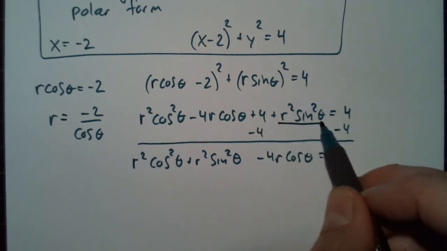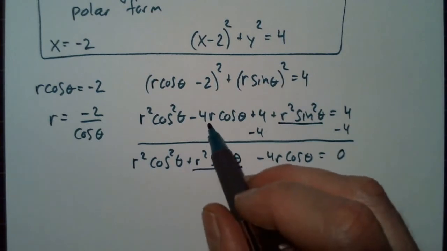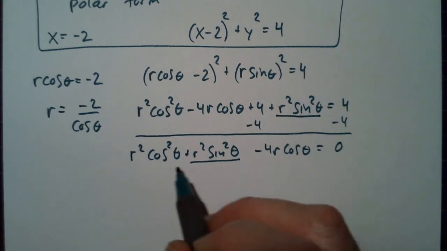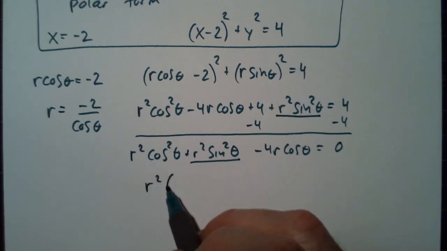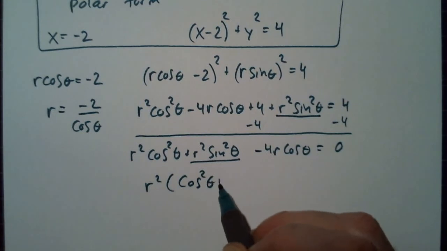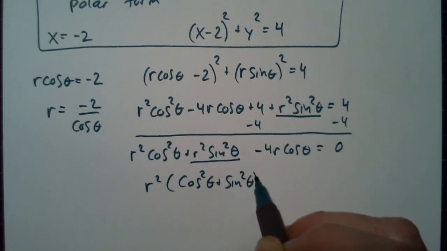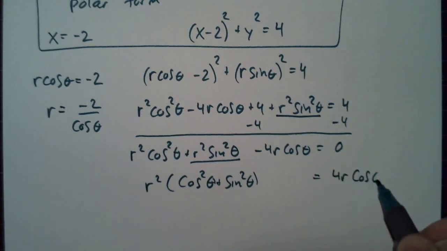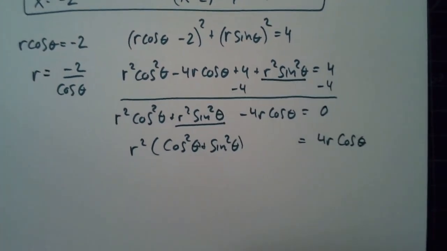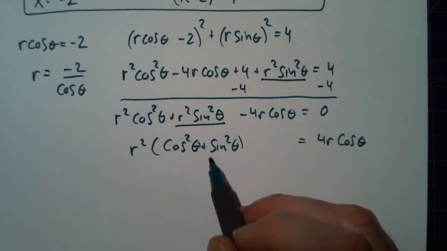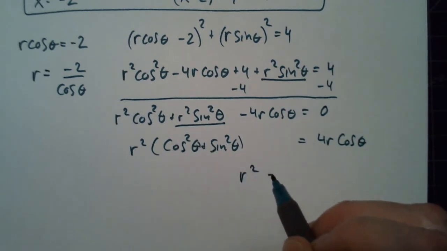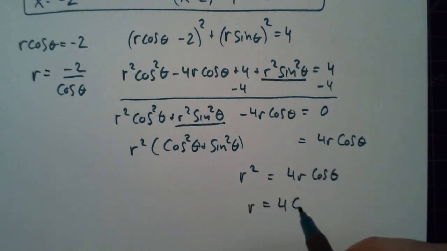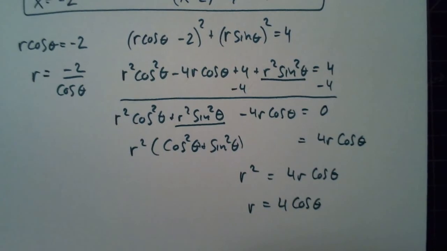I moved this right here, and I just rewrote that right there. Now we can factor out the r squared, and we get cosine squared plus sine squared. Let's move that over to the other side. That equals 1. That's a Pythagorean identity, and we get r squared equals 4r cosine theta. So r equals 4 cosine theta.